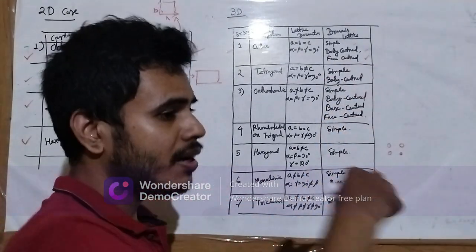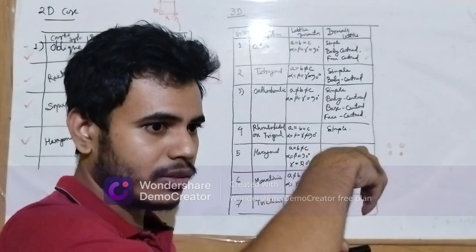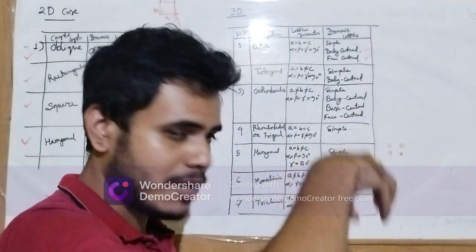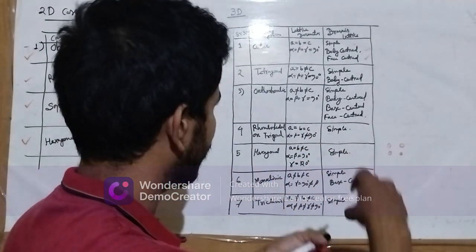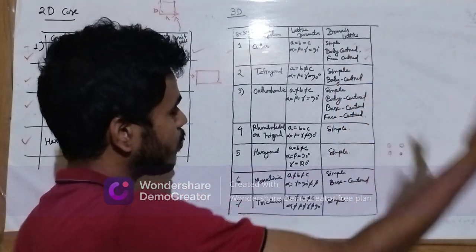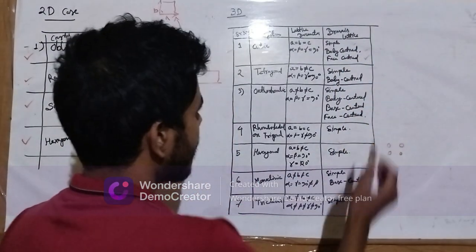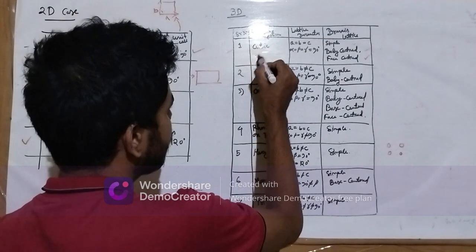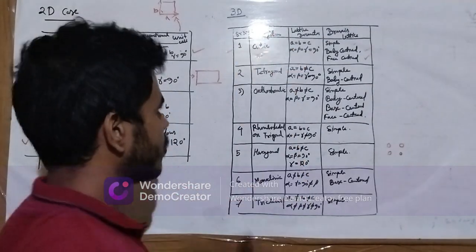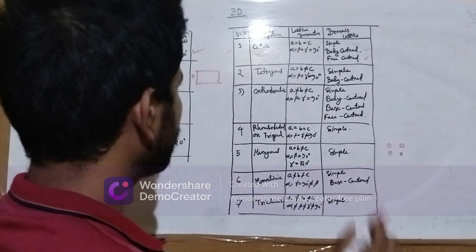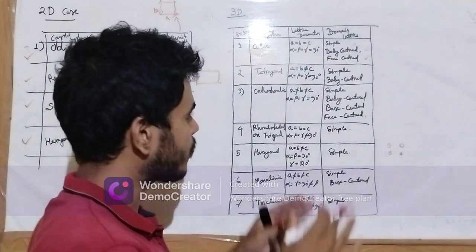For body center, the upper layer atom is just above one point, and for face center the structure will also be different, but all are under the cubic crystal system, because from the outside we see only a cube.